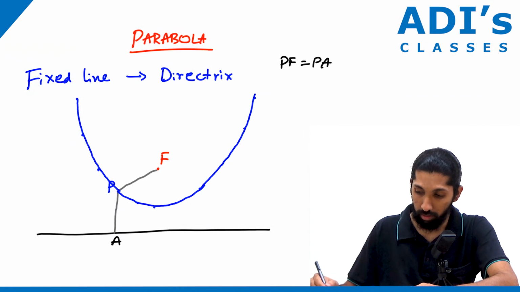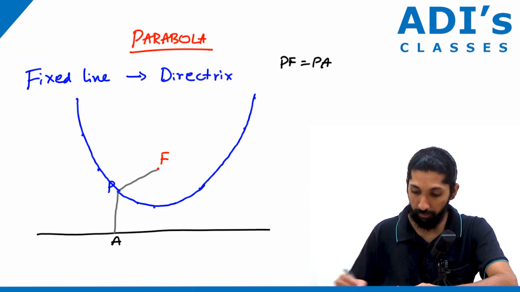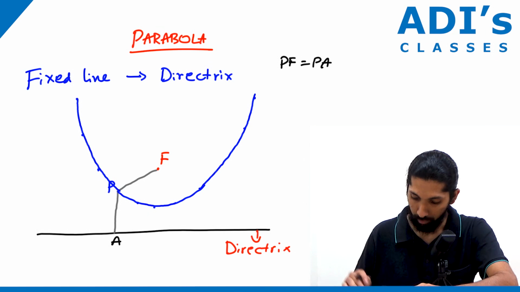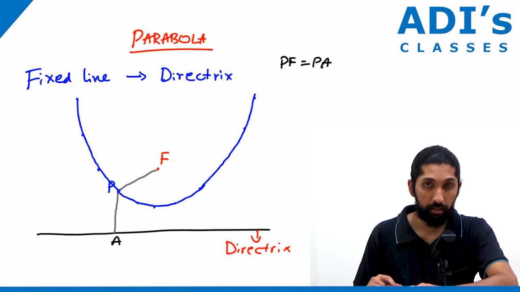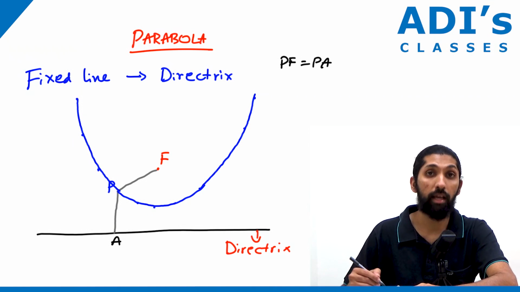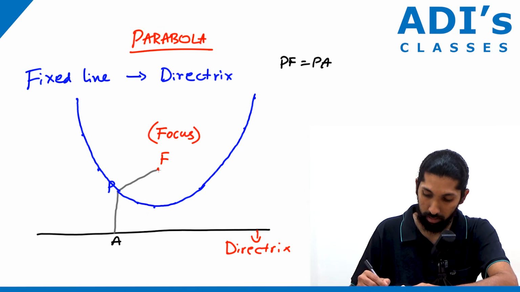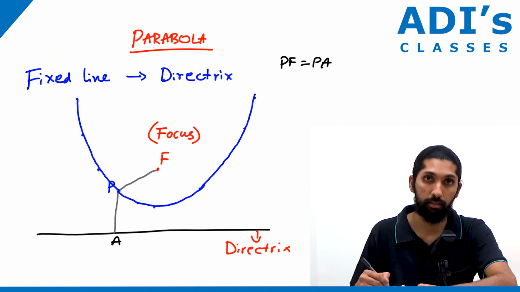The line we have right now is what we call the directrix. It's a fixed line. We also have a fixed point F, and that point is what we call the focus of a parabola.